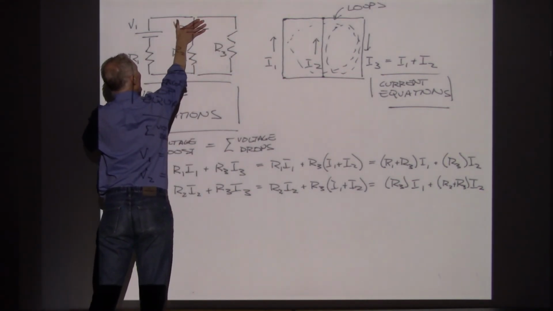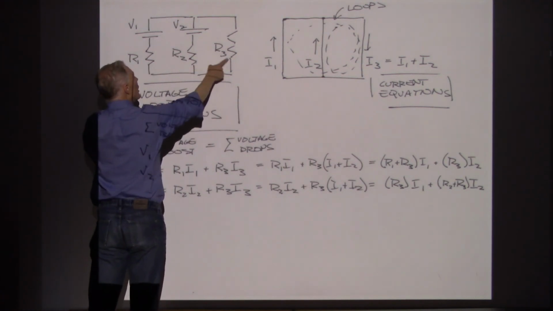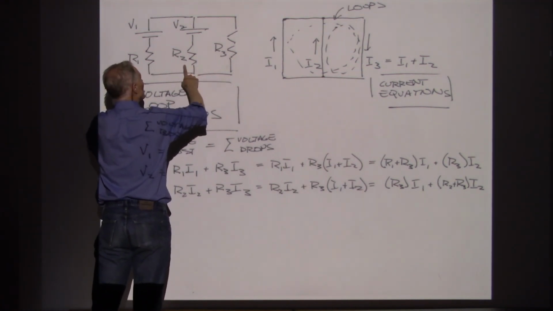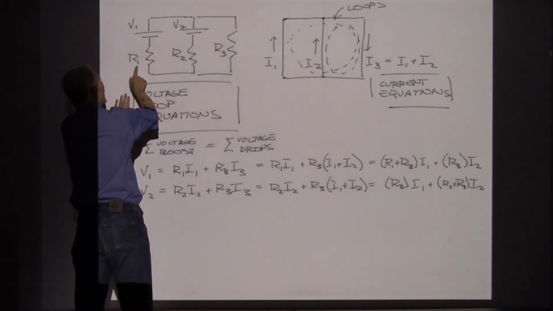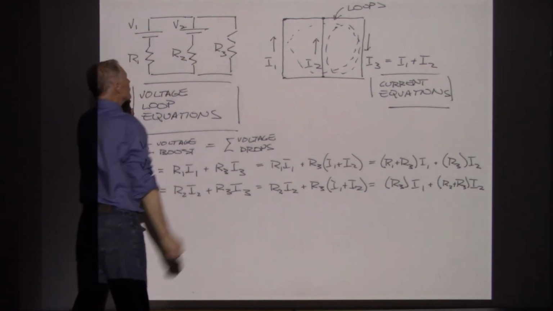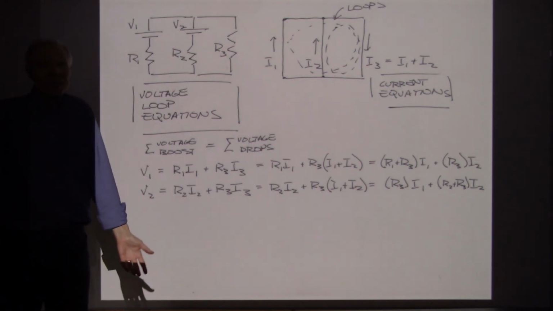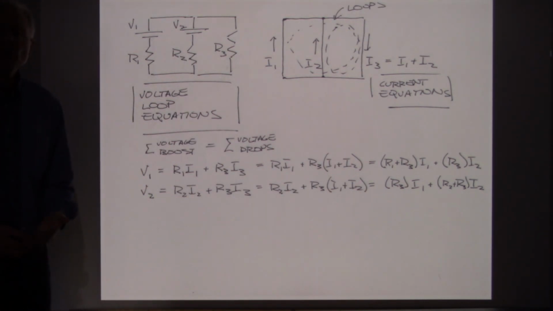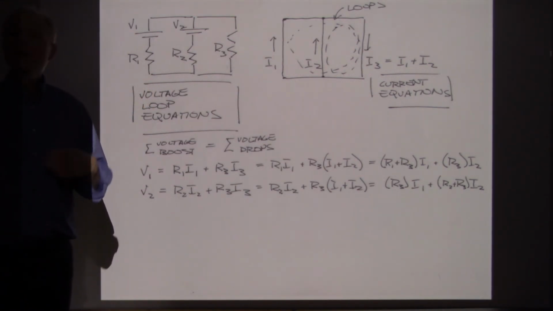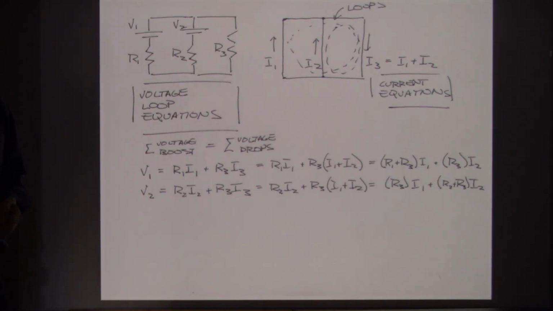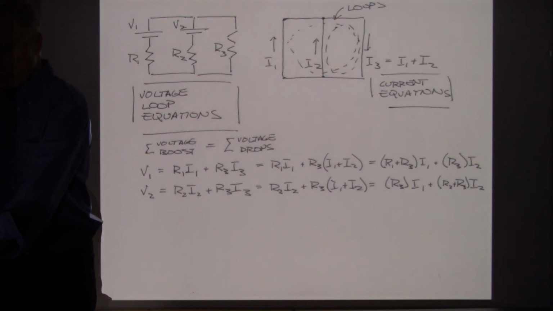The presence of that battery prevents R2 and R3 from being in parallel. And the presence of the battery here also prevents R1 and R3 from being treated as parallel. So I cannot use the approach of combining in series or in parallel in order to simplify this circuit, and that's why we're left with doing circuit loops in order to solve this problem.